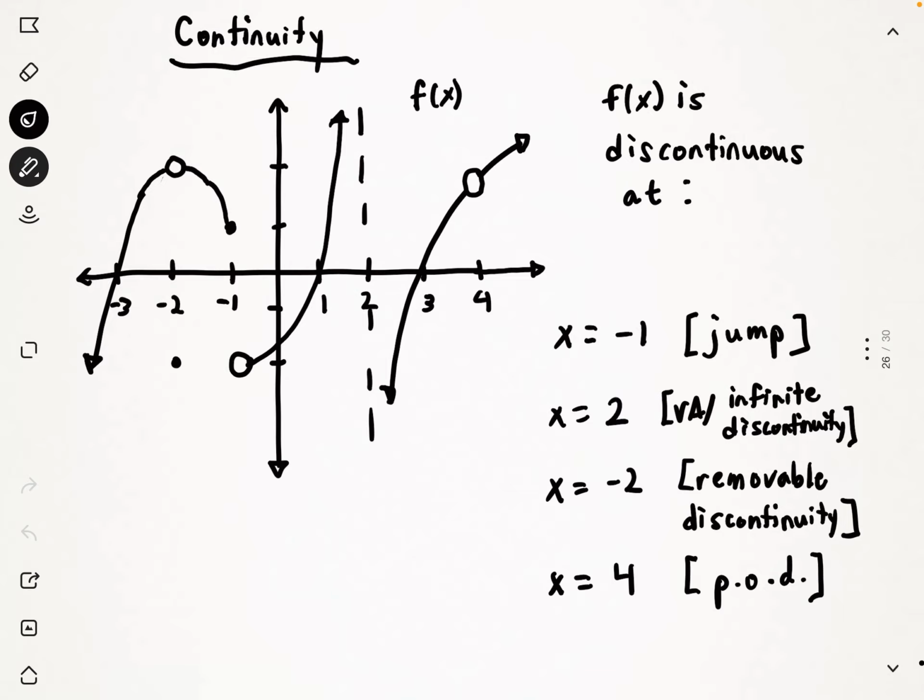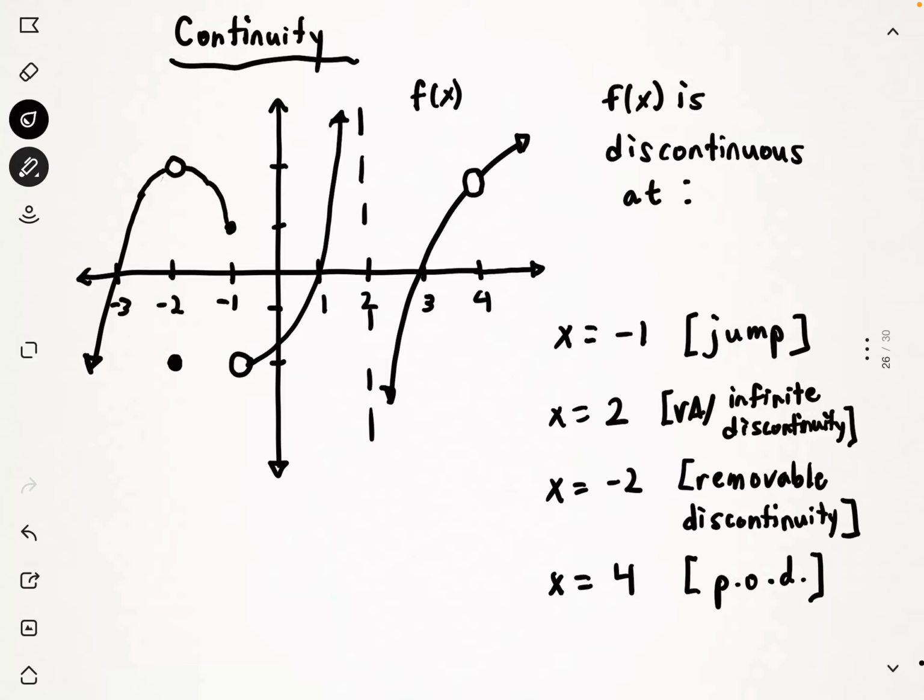But because the actual point is elsewhere, down at (-2, -2), it's like the point was removed from where the POD is and placed somewhere else. That's why they call that a removable discontinuity.